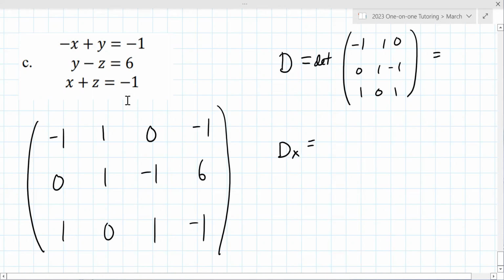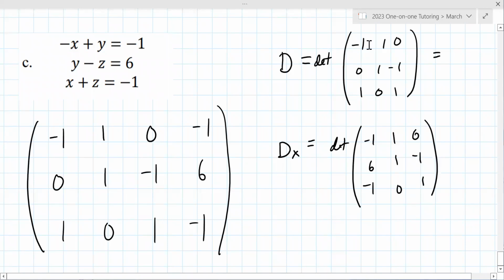dx is where you take the right hand side and substitute it in for x. But again, you're finding the determinant, -1, 6, -1. When I'm rewriting them, I'm looking at the top one to see what's the same.